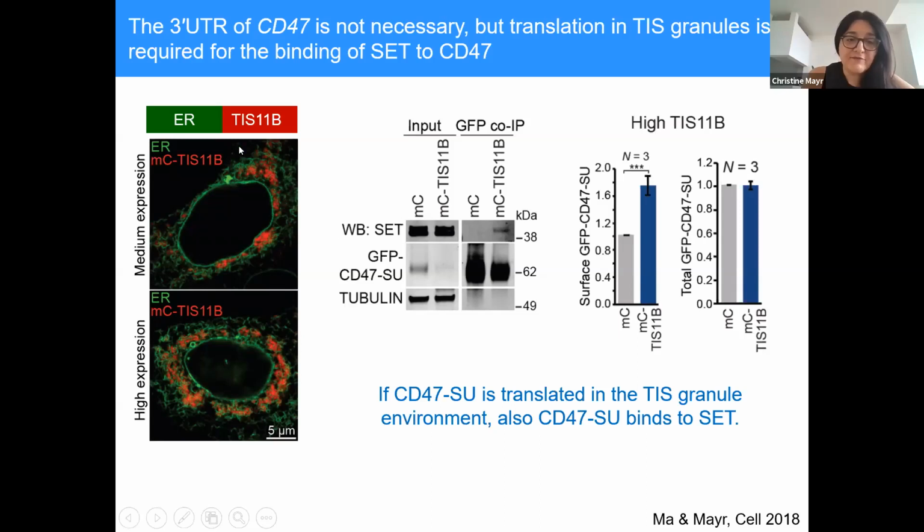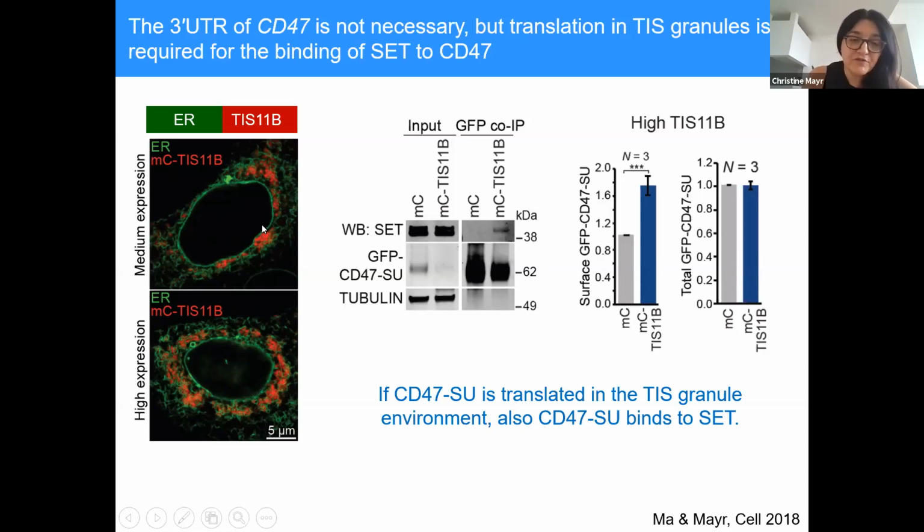Most of the time we express TIS11B in a way that it looks very similar to the endogenous expression level. So not all regions of the perinuclear ER are covered by TIS11B.